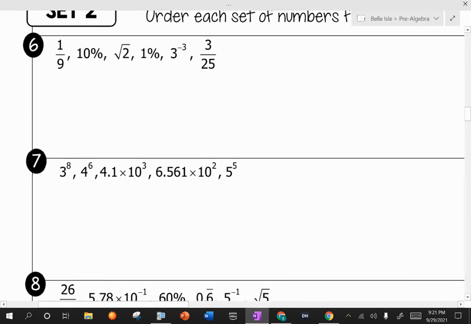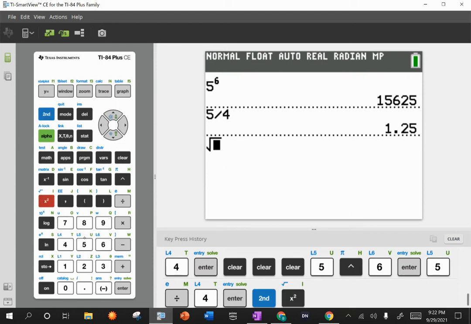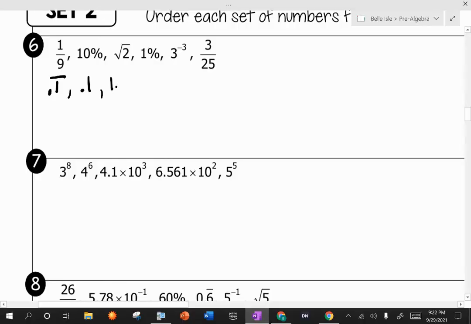I'll change 1/9 to 0.1 repeating. 10% is going to be 0.1. Square root of 2 is going to be 1.41.